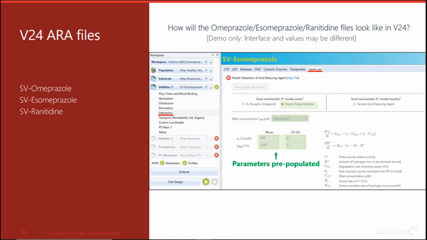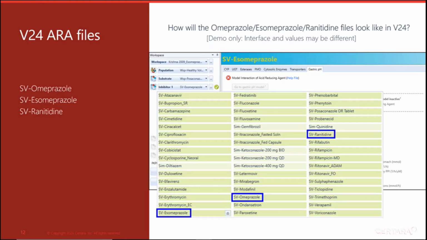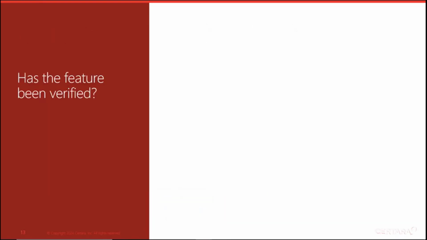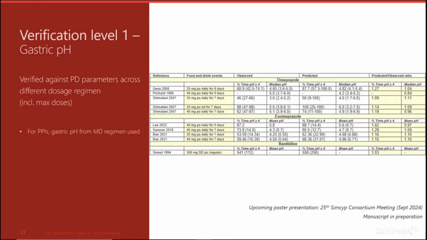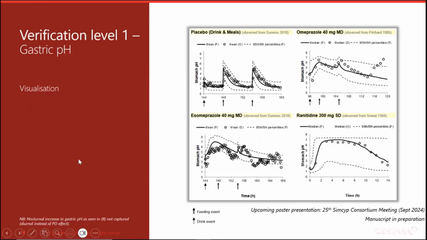So it's from Natalia. Is asking, does the dynamic pH model account for circadian rhythm effect on gastric pH? Yeah, that's a very good question. The quick answer for that is no, it doesn't. So this is strictly a PK/PD effect modeling.